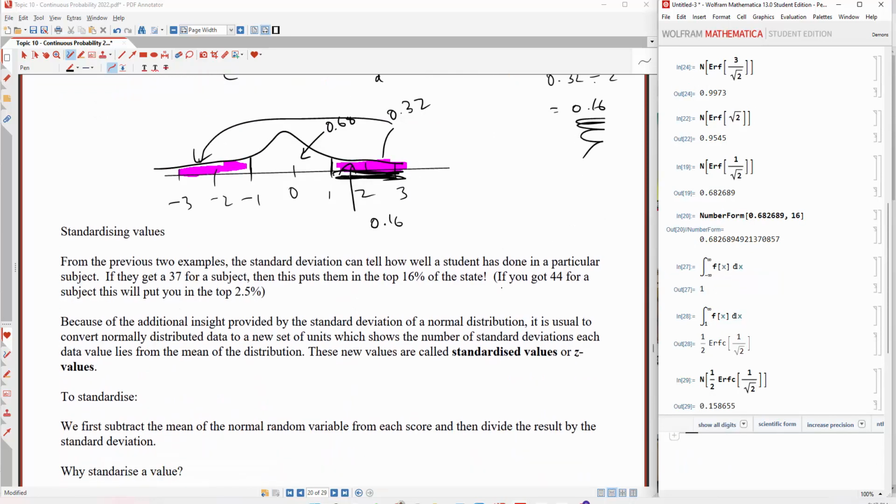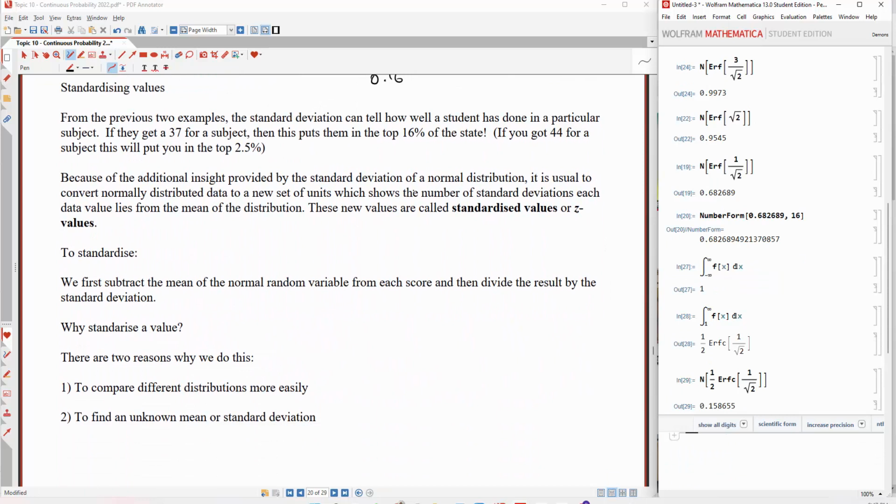Alrighty, so standardizing. The standard deviation can tell how well a student has gone in a particular subject. If they got a 37 for a subject, this puts them in the top 16% of the state, and if you got a 44, you're in the top 2.5%. So the standard deviation is really important when looking at a normal distribution.